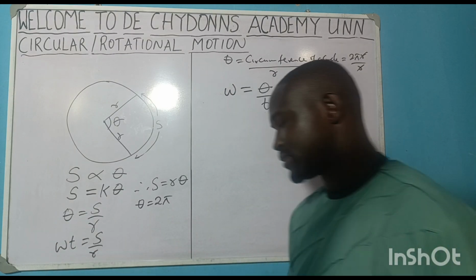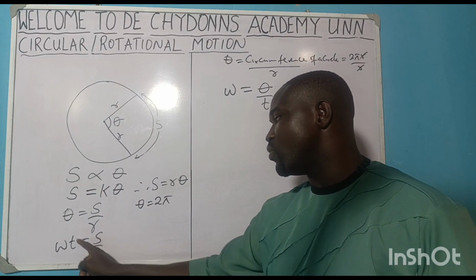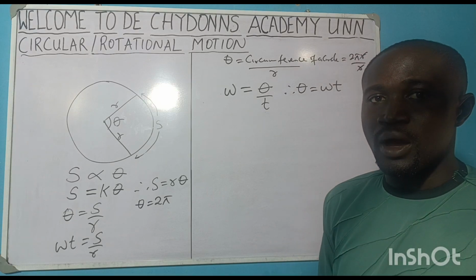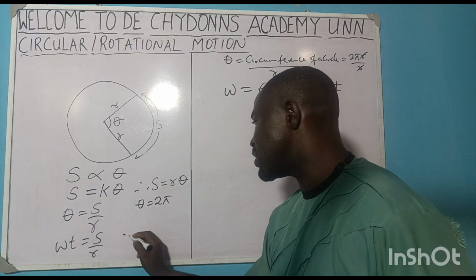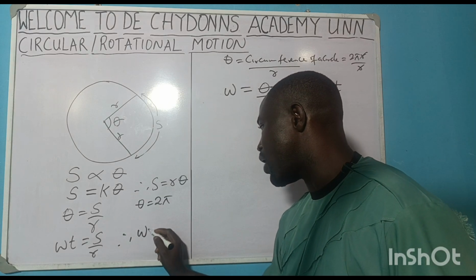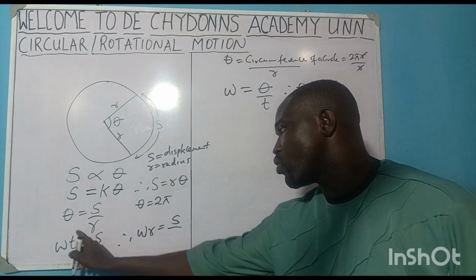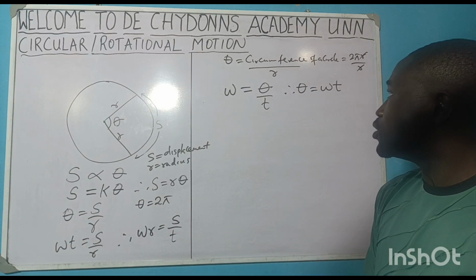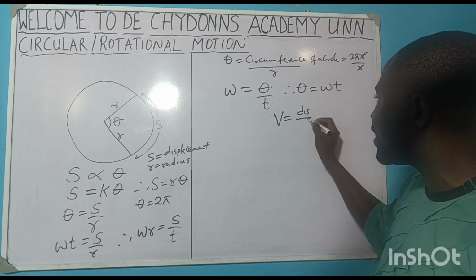That is the first. Now, T will come down, R will go up. That is from principles of cross multiplication. So we'll be having, therefore, WR is equals to S. Because R goes up, T comes down. We have displacement over time. Do you still remember that velocity is equal to displacement over time?